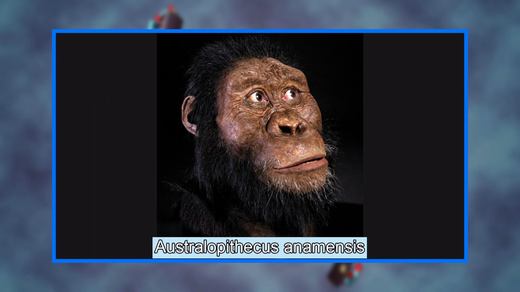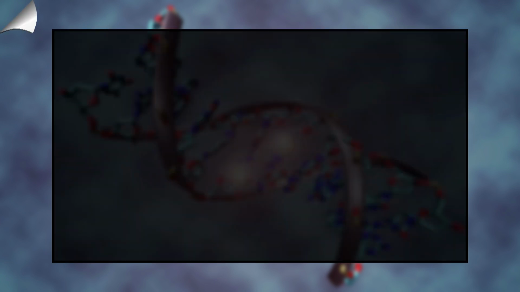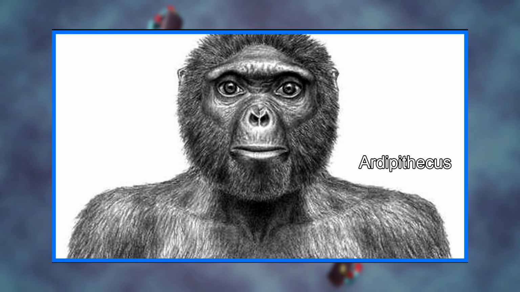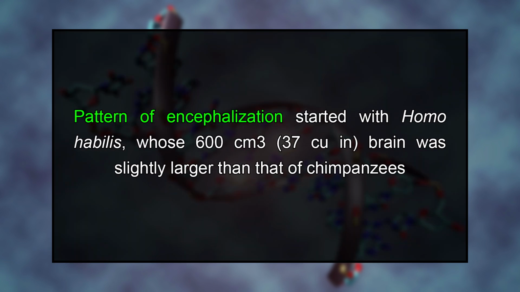After a period of stasis with Australopithecus, Anamensis, and Ardipithecus species which had smaller brains as a result of their bipedal locomotion, the pattern of encephalization started with Homo habilis, whose 600 cubic centimeter brain was slightly larger than that of chimpanzees.